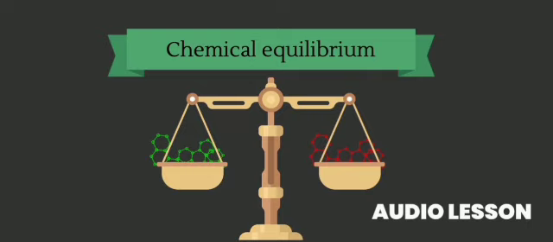Take notes. Listen very well to Le Chatelier's principle. Le Chatelier's principle states that if an external constraint, such as a change in temperature, a change in pressure, or a change in concentration, is imposed on a chemical system in equilibrium, then the equilibrium will shift so as to annul, to neutralize that constraint.